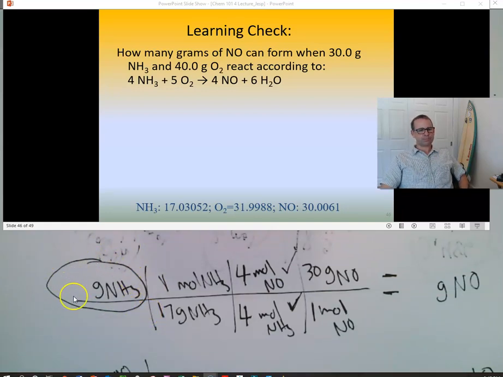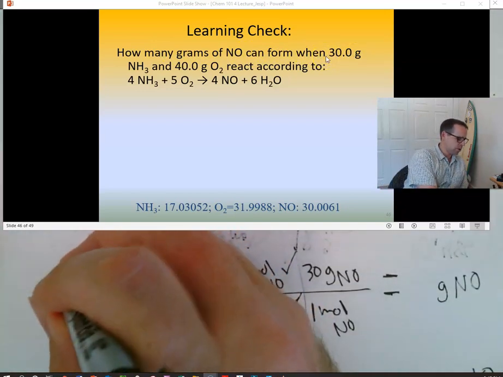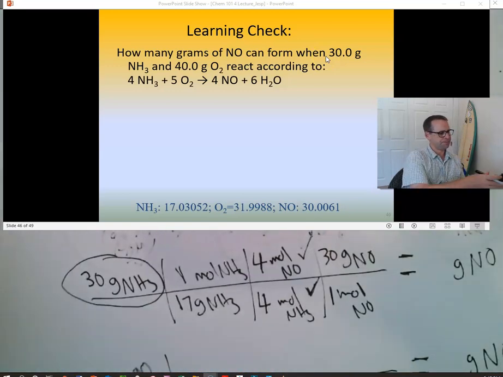You're asking me how many grams of NH3, right? So now I need to look at the equation. Well, we just need to read the problem. It says how many grams of NO can form when 30 grams of NH3. So this is where 30 grams of NH3 comes in.